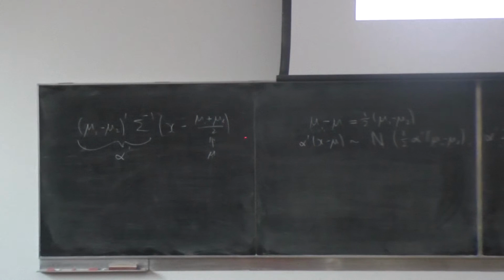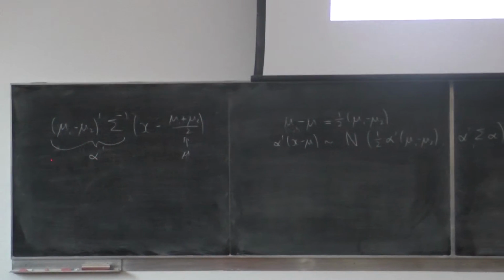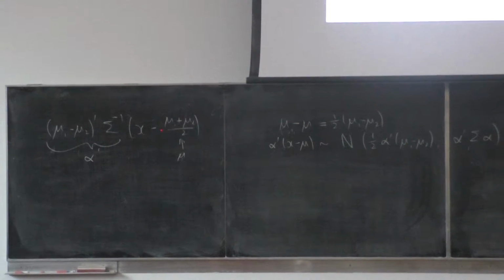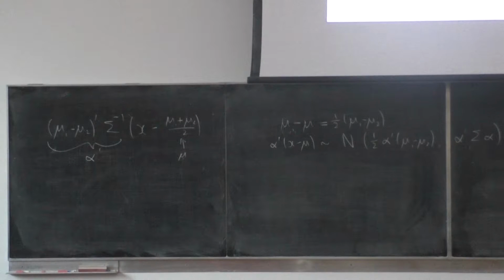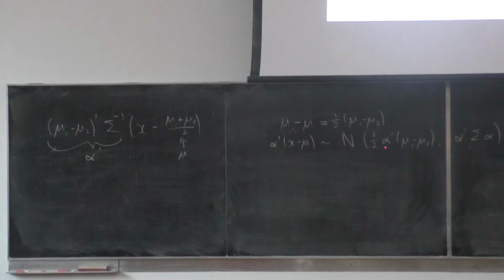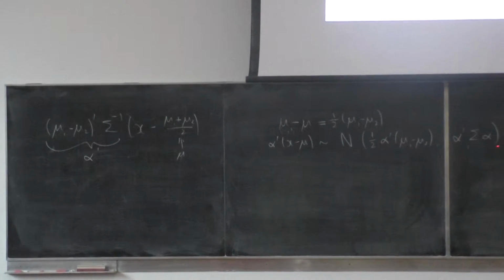So here we are working out exactly an instance of alpha dash x minus mu, and so we can actually work out how our discriminant function is distributed. It's going to be some univariate normal, there's the mean, and there's the variance.